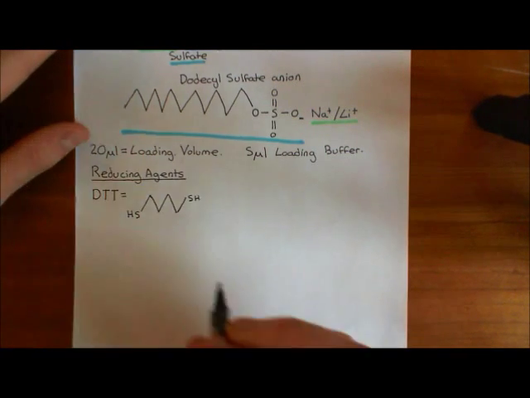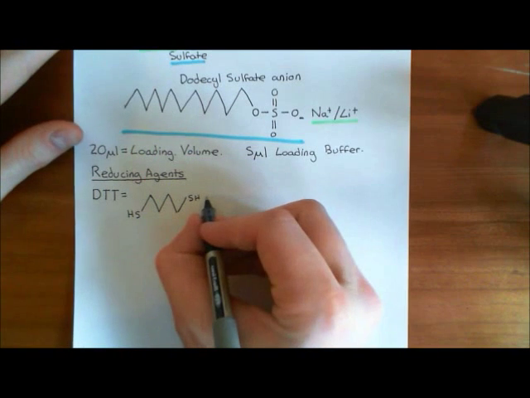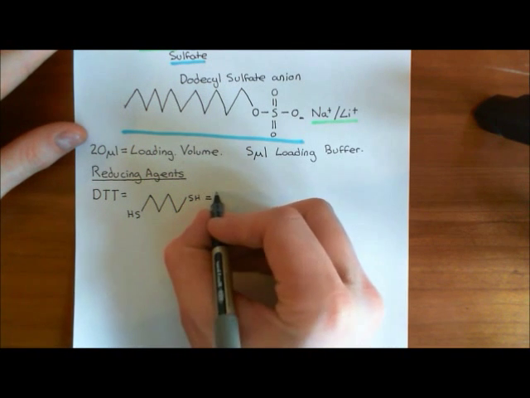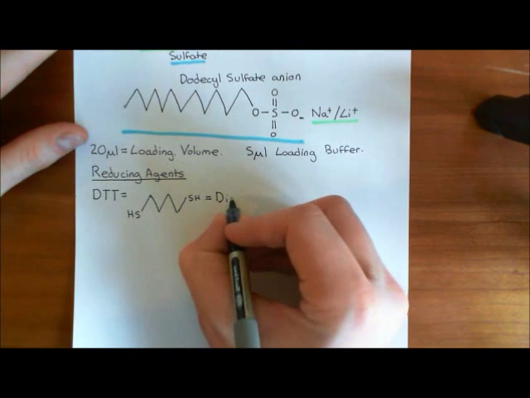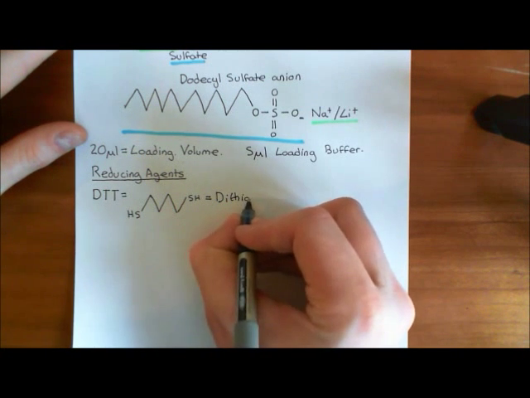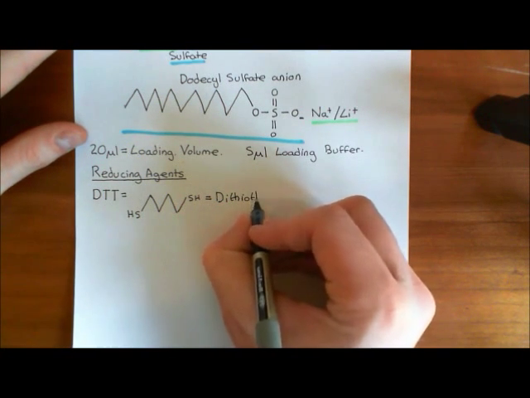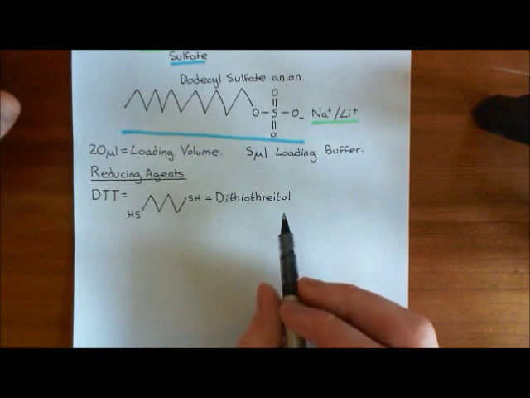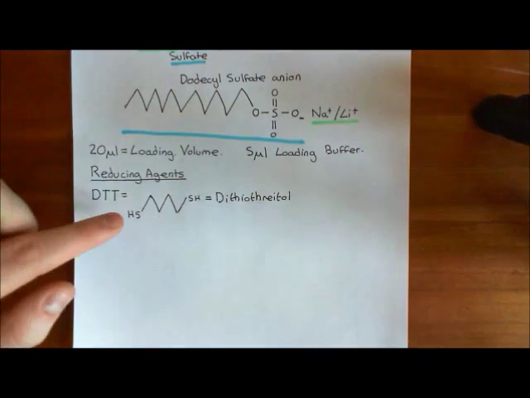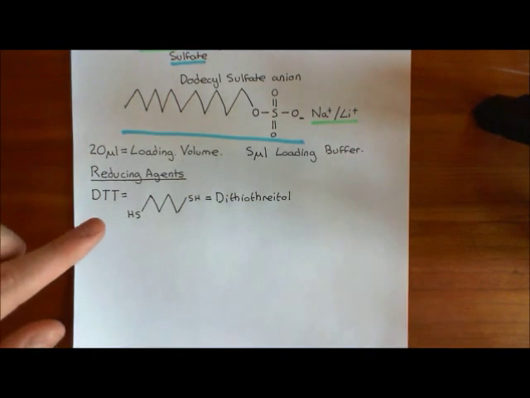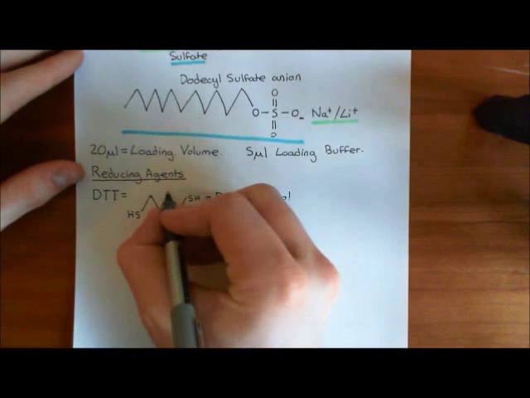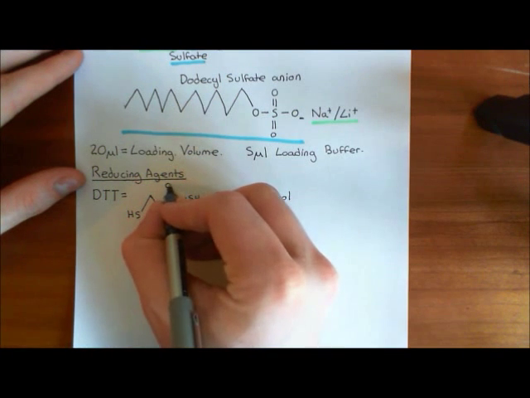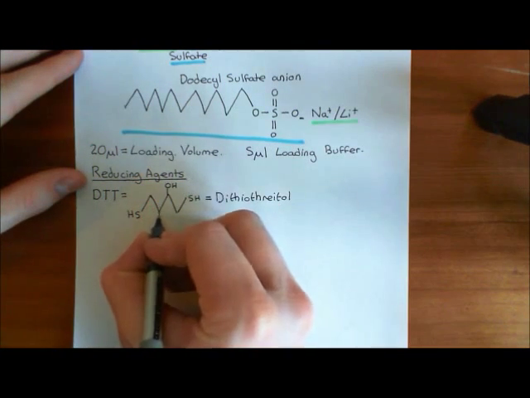Now, I haven't actually told you what DTT stands for. DTT stands for dithiothreitol. So basically you have 2 thiol groups off this 4-carbon molecule, but that's not all you have. You also have 2 alcohol groups coming off this 4-carbon molecule, one here and one here.